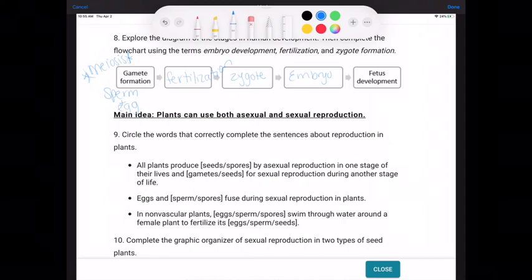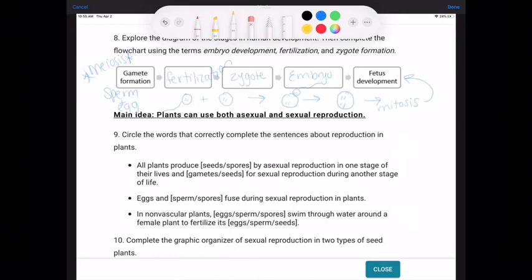So if we looked at this, meiosis makes the sperm cell and the egg cell. Fertilization is going to happen. A zygote forms. So if I put 2 chromosomes here and 2 here, by this point it'll be 4. And then the zygote is going to undergo mitosis where the fetus develops.